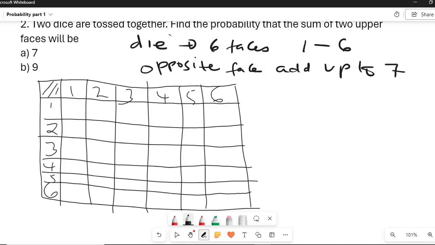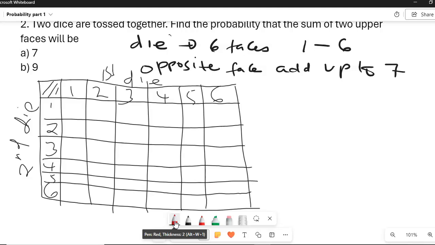So on one side you can have the first die, and then on this other side you can have the second die. In this case we are interested in the sum of the upper faces, so we are just going to have the sum in our space.